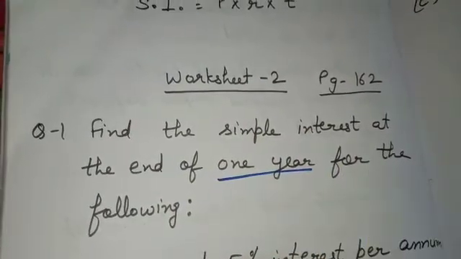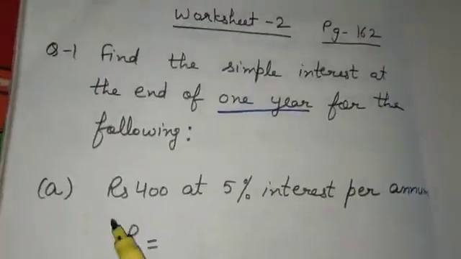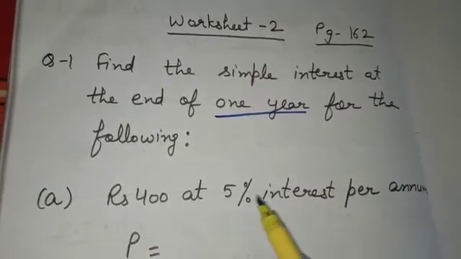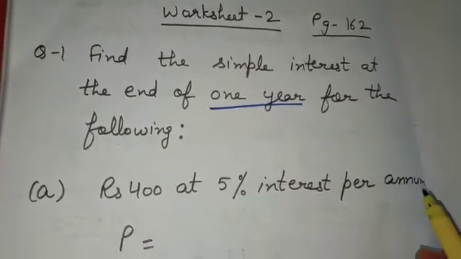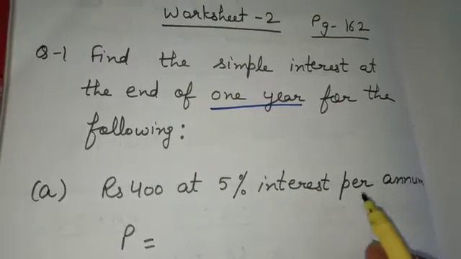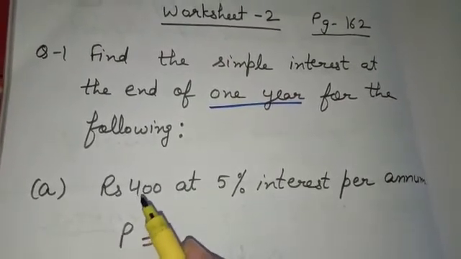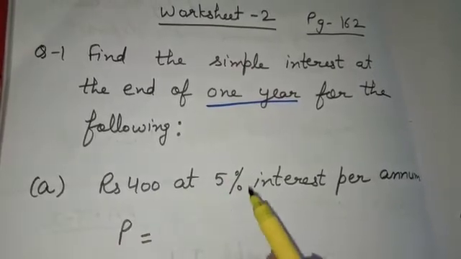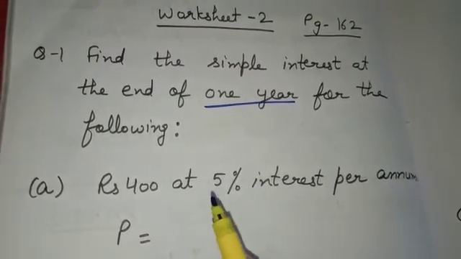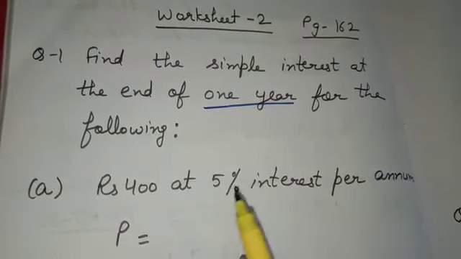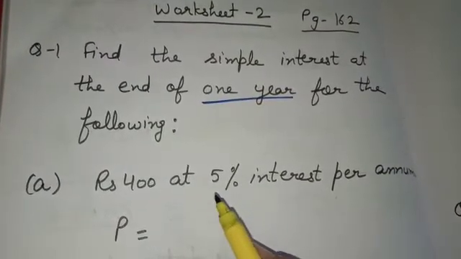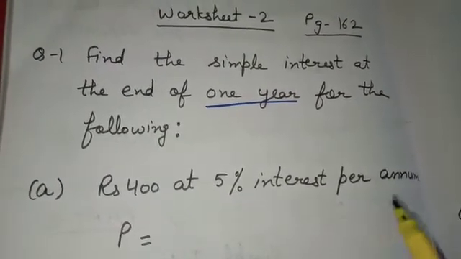It means time is common for all the parts. Rupees 400 at 5% interest per annum. Per annum means year. If we deposit 400 rupees for 1 year, then the bank will give 5 rupees for every 100. It means we always write interest as 5% per annum.